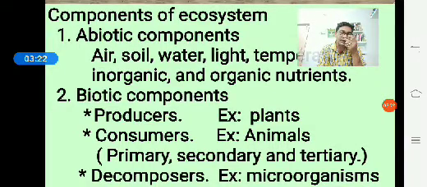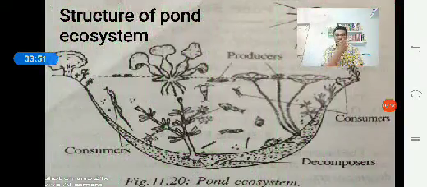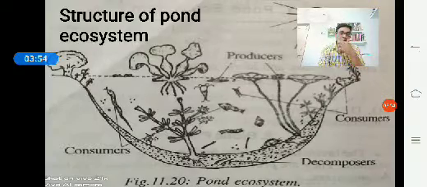The microorganisms are decomposers. Best examples are saprophytic bacteria, fungi, soil protozoans, soil mites, etc. This is about the biotic and abiotic components of the ecosystem.